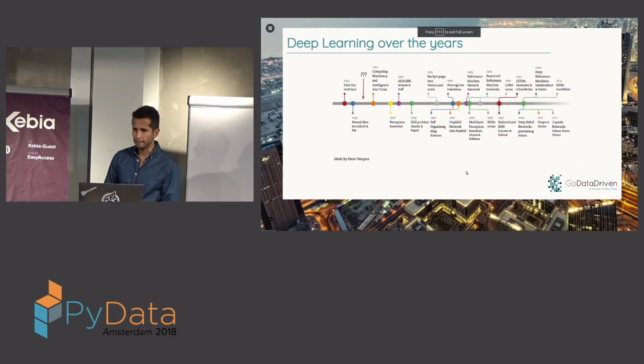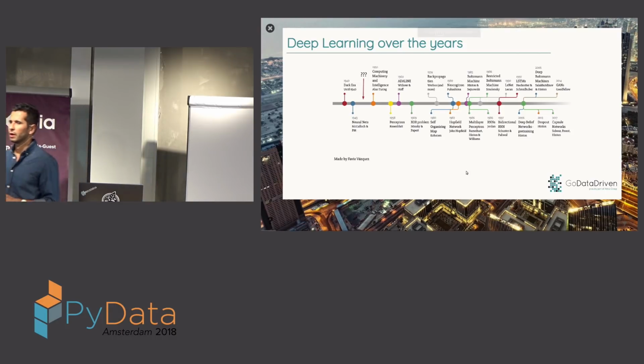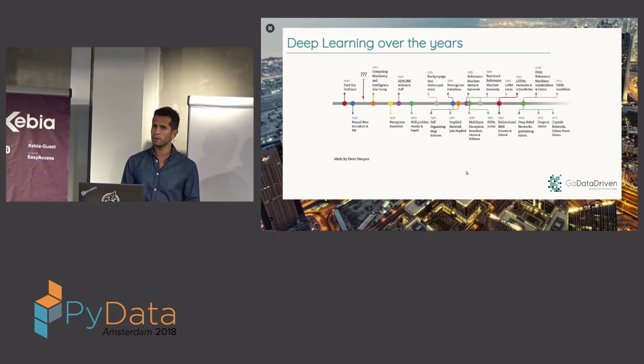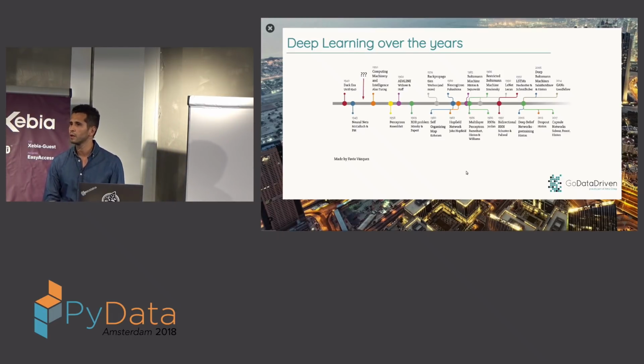Okay, so for those of you that don't know deep learning, or don't know the history of it, where does it come from, who are the pioneers, I think that's also a bit important to see who to follow, what blogs to search and so on.